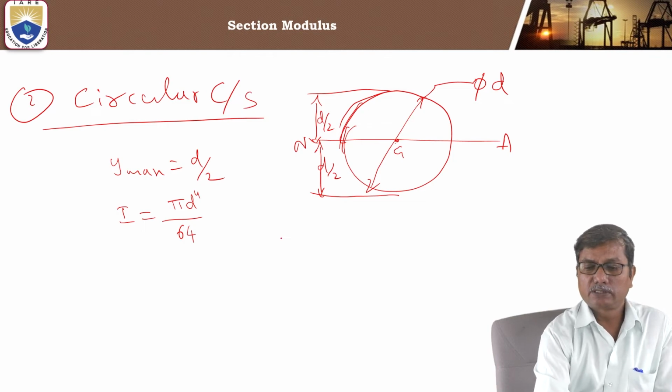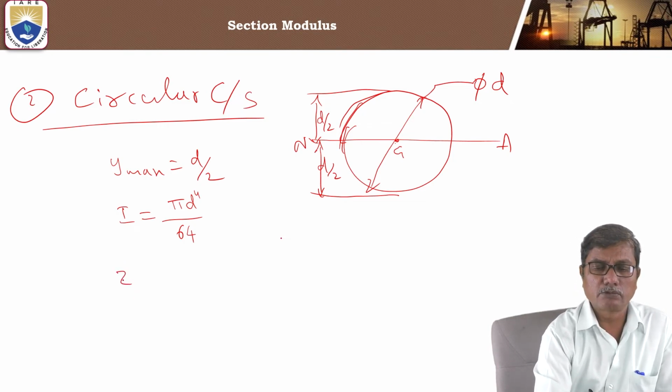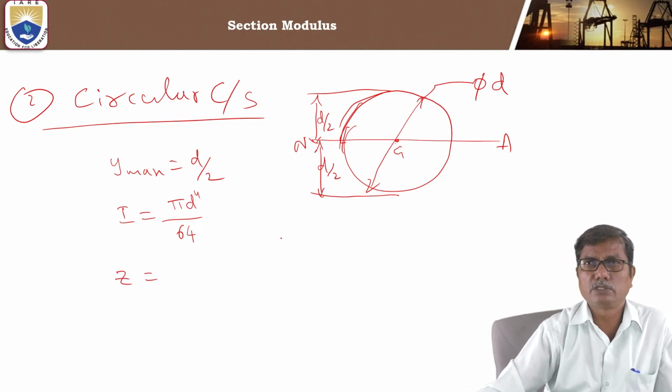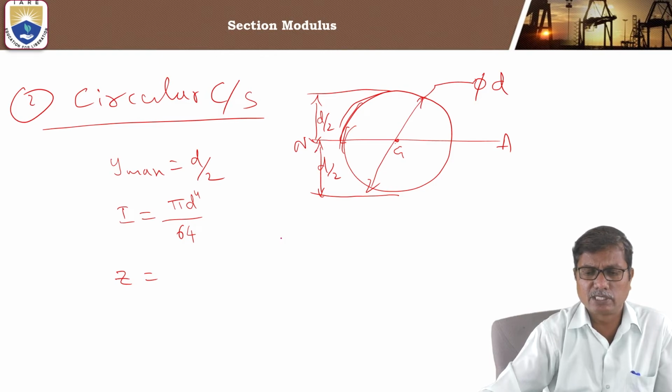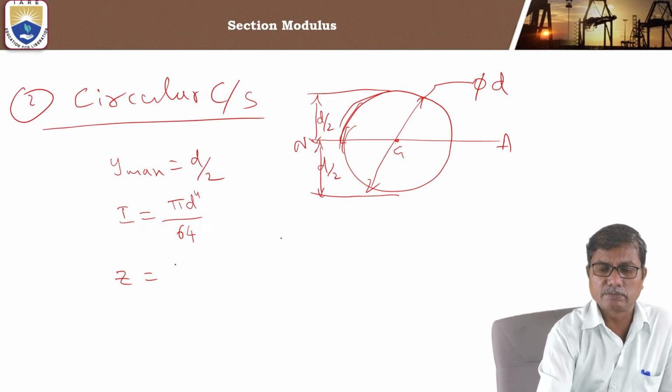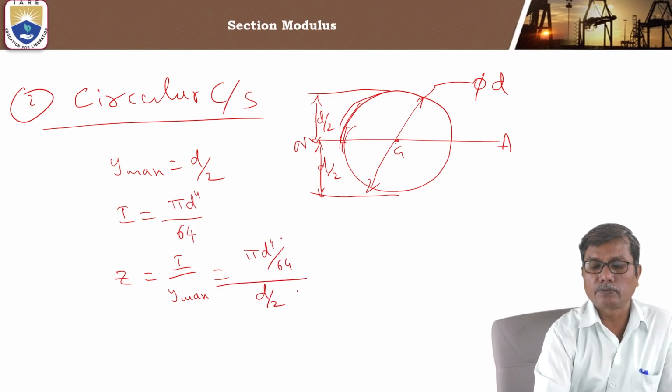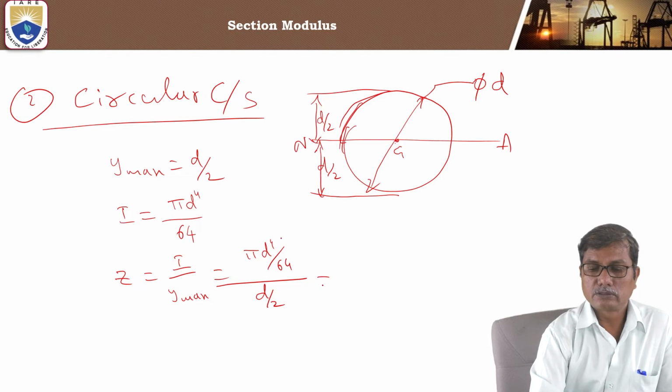So for this, the section modulus is given as I by y maximum, that is pi d power 4 by 64 divided by d by 2. So it comes out to be pi d cube by 32.